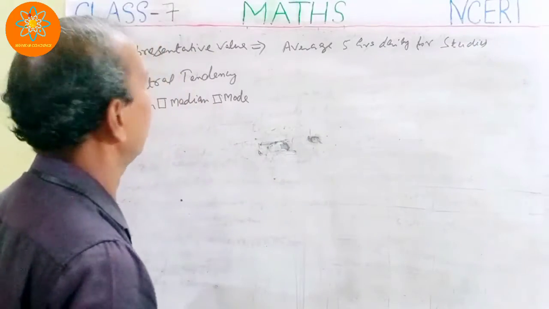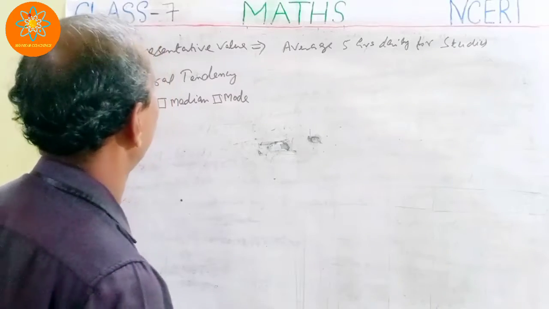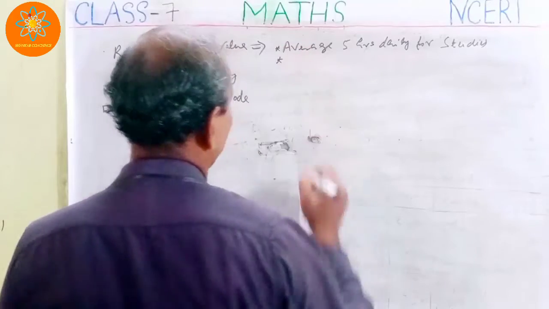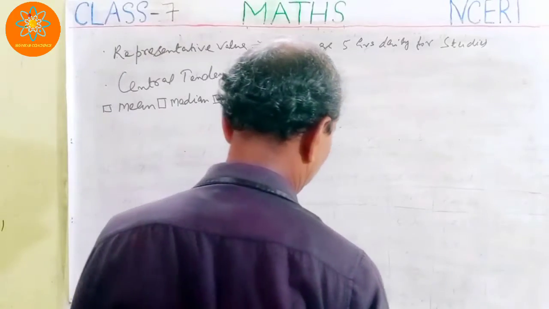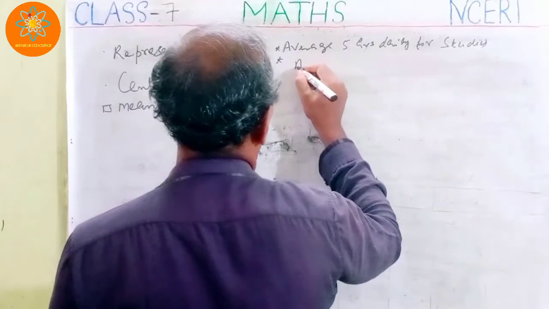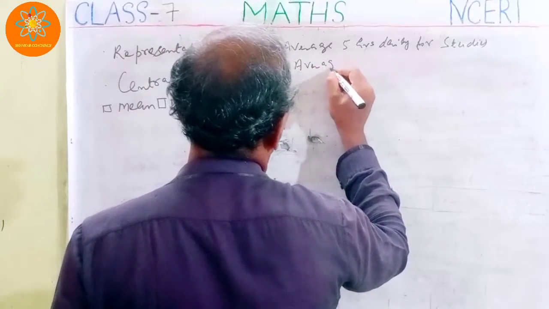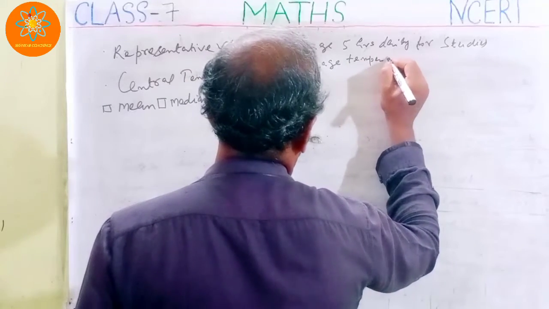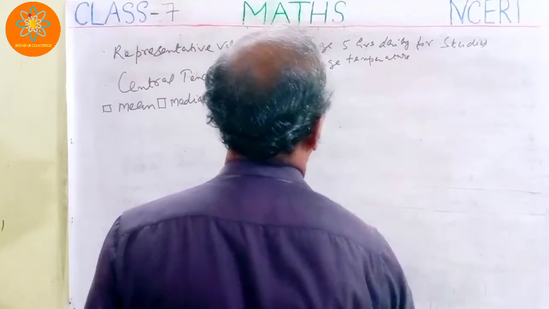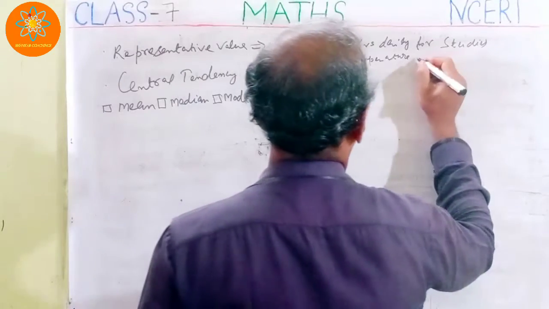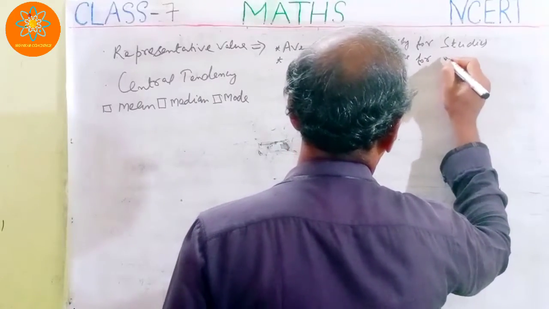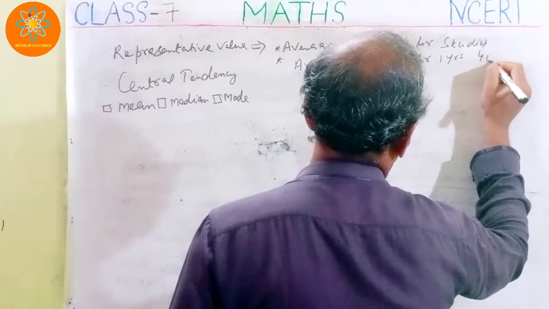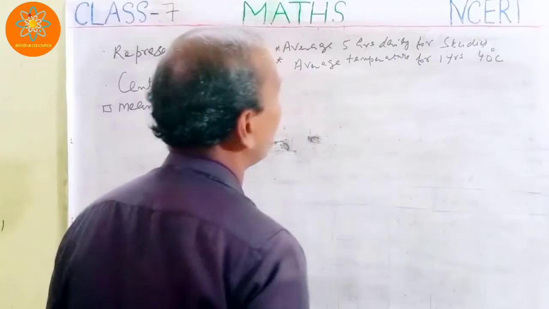Then next is average temperature for 1 year is 40 degree centigrade.